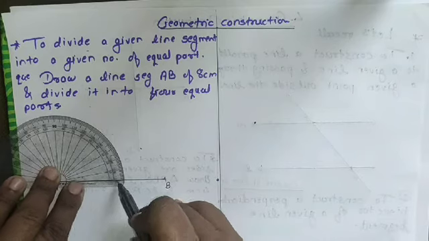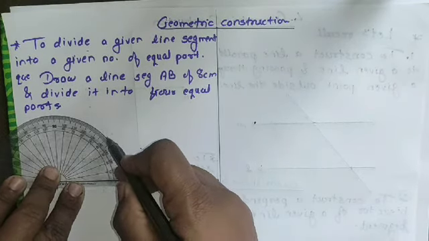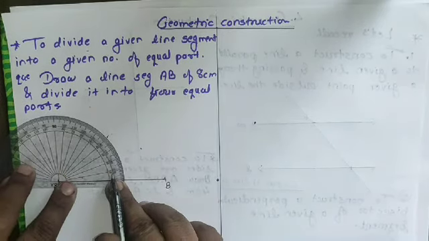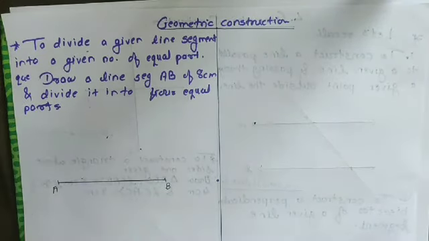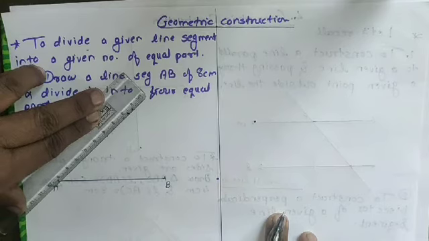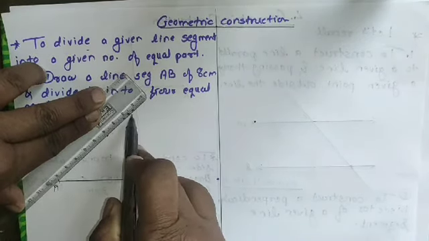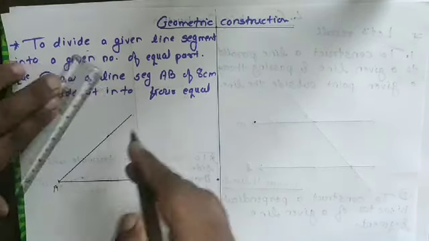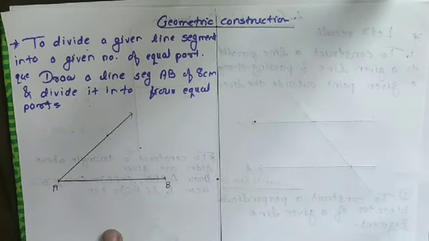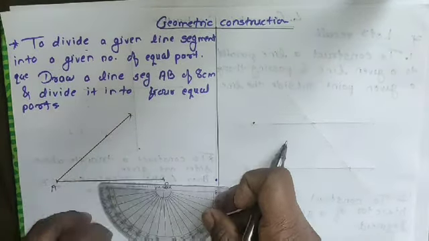One angle we have to take above the line, maybe I will take 40 degrees. So from A I take a 40 degree angle and draw the ray above the line. And the same angle, if you take 40 here, downside also you have to take 40 only. If you had taken 30 here, here you also have to take 30.